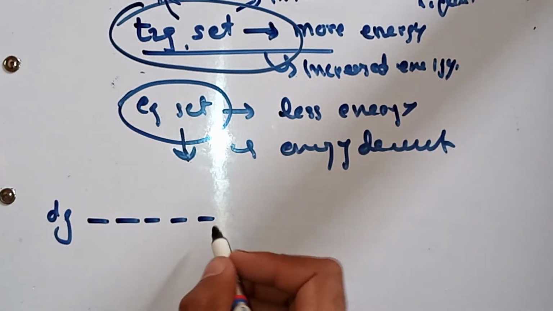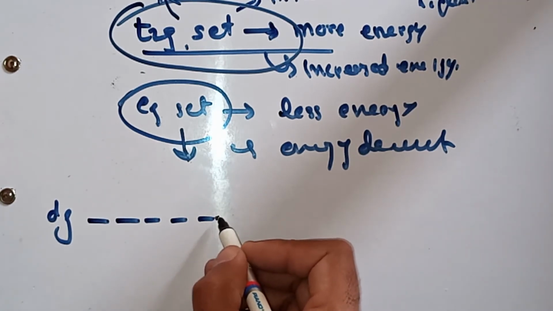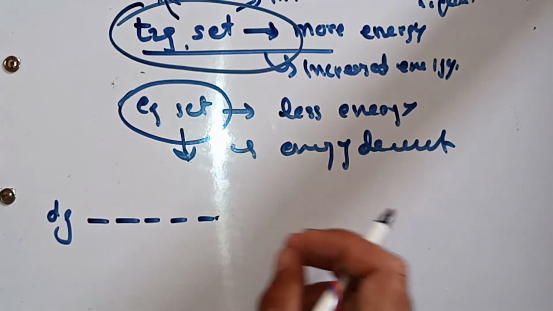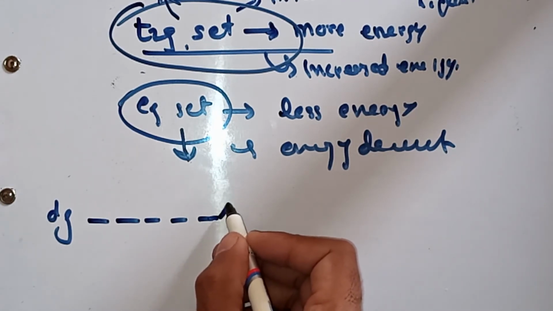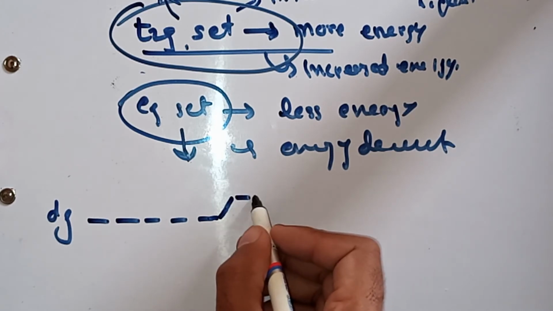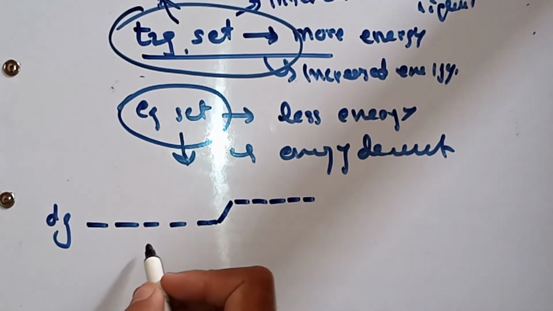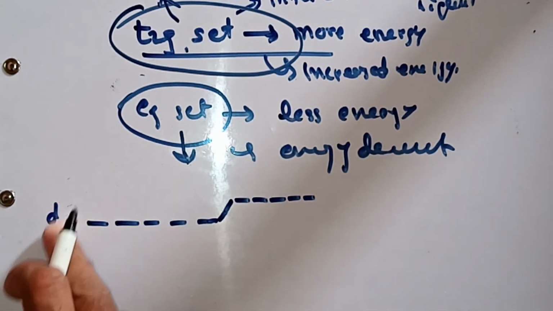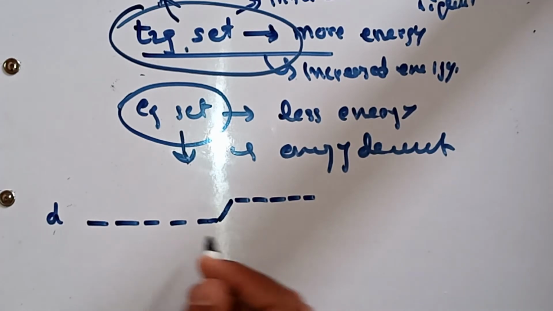These are degenerate orbitals. These are d-orbitals, and all these orbitals are degenerate.